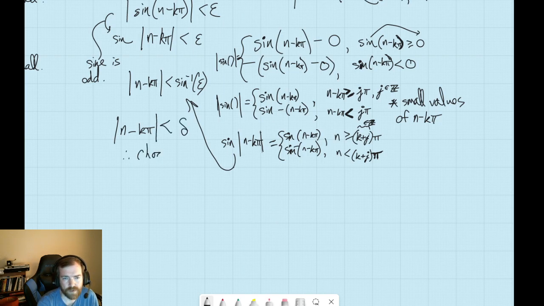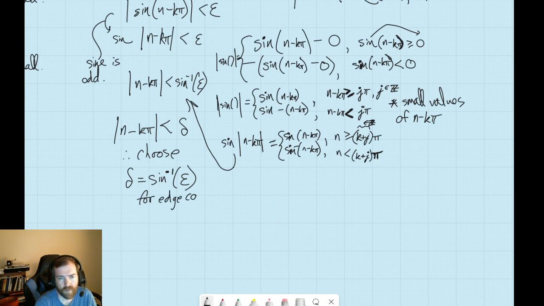Therefore, choose delta equal to the sine inverse of epsilon. For the edge case.